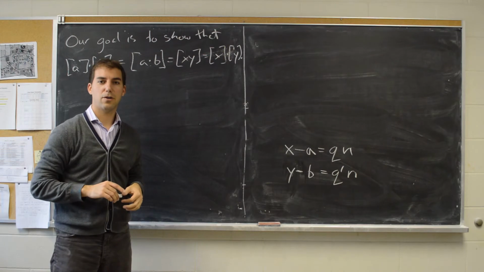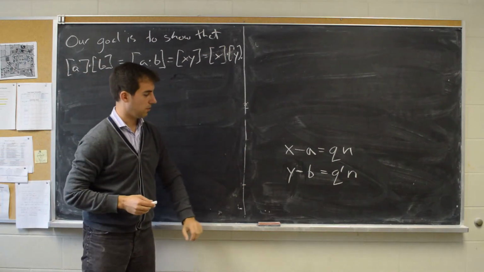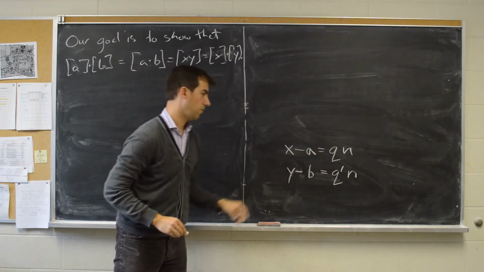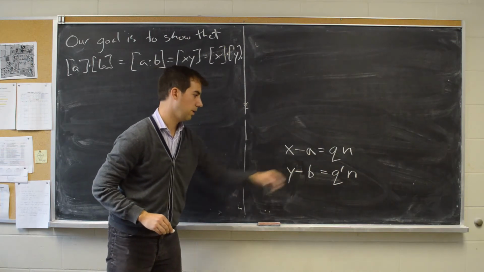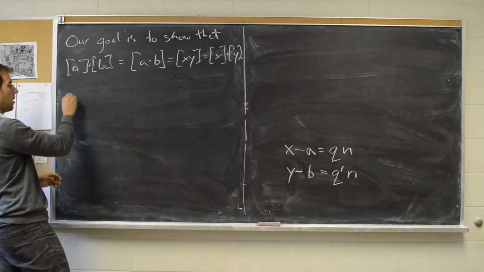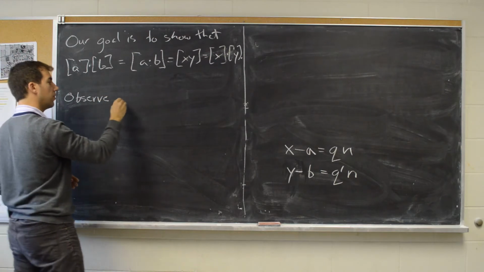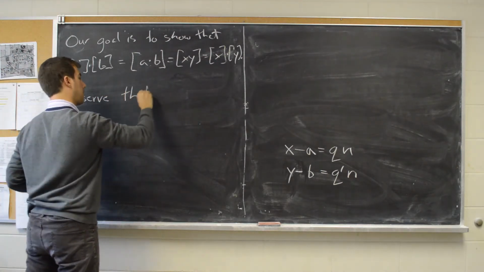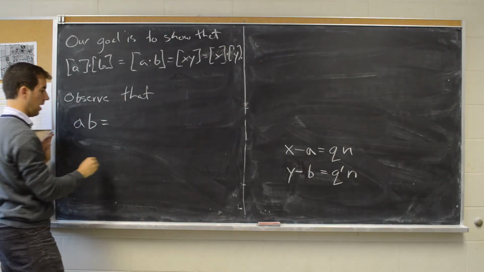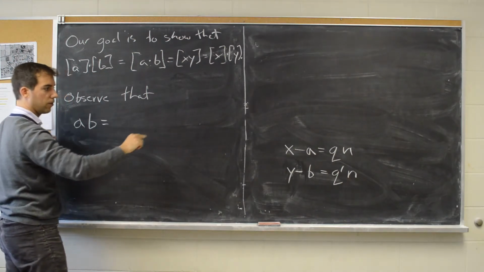Alright, my camera cut out because I was going too long with that. So let me continue the proof. Here's the relevant information that was on the board from before. So we knew that x minus a is q times n for some integer q, and y minus b is q prime times n for some integer q prime. So what I'd like you to do is observe that we can express a times b as, well, using that formula over there, we can move a to the right-hand side and the qn to the left-hand side.